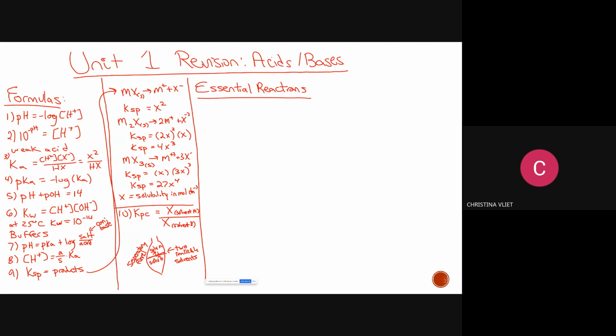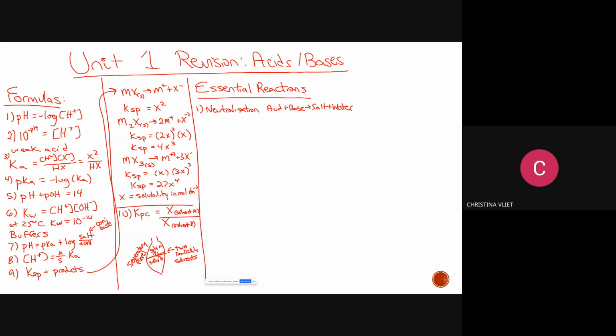First one is neutralization. What's the neutralization reaction? This is back to basics. What's neutralization? Acid plus base equals salt plus water. Acid plus base goes to salt plus water. Neutralization.